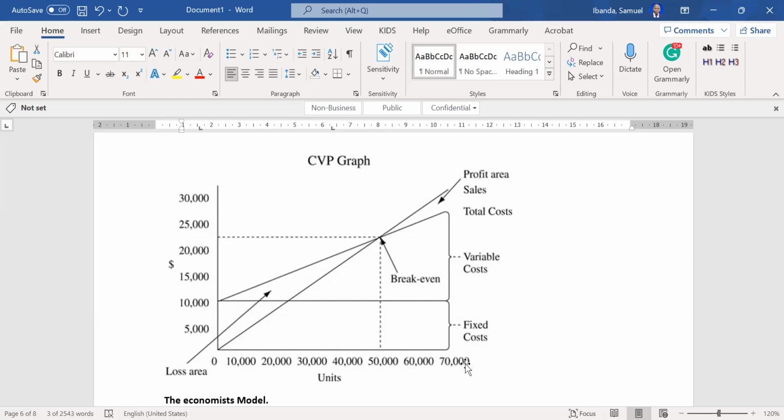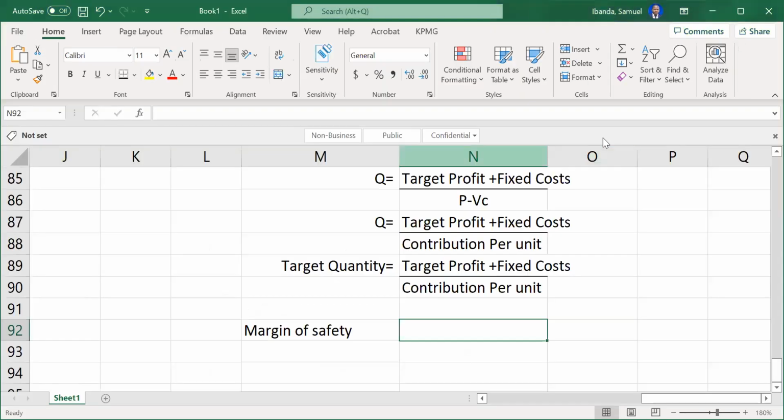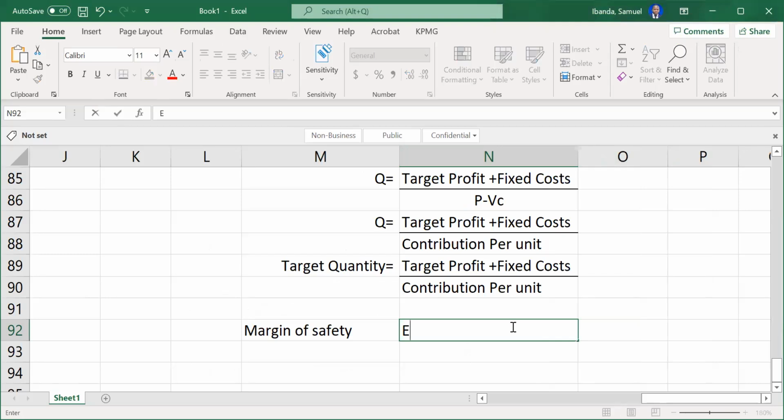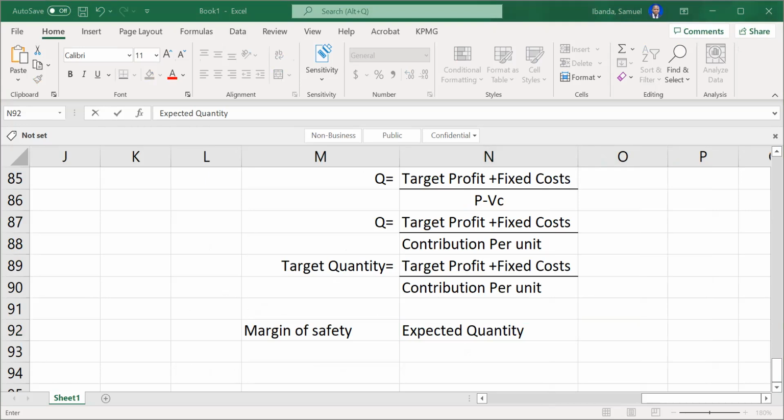So if you look at margin of safety from the perspective of the formula, I will have two things. There's what we call the expected quantity, which is like the 70,000 units that I am at in the demonstration I just showed you.